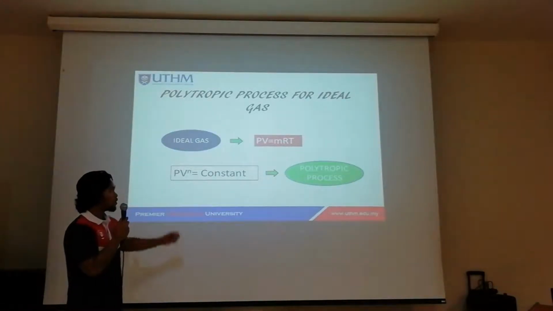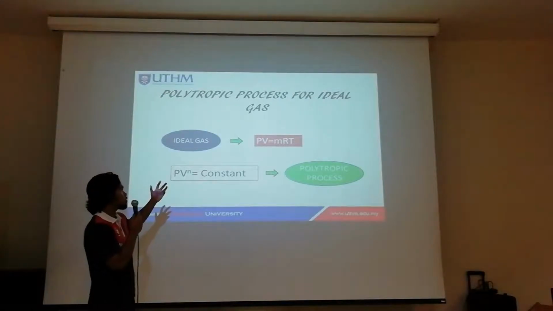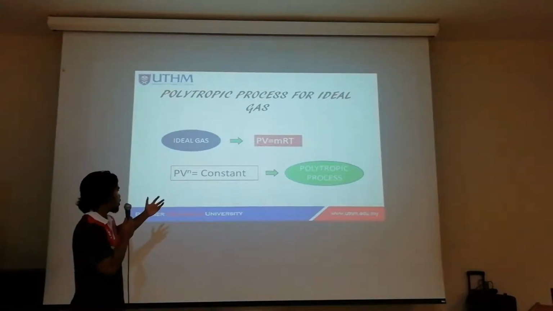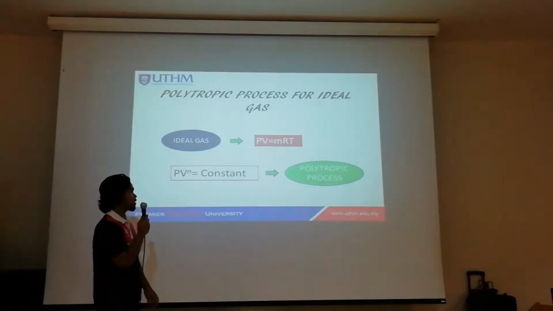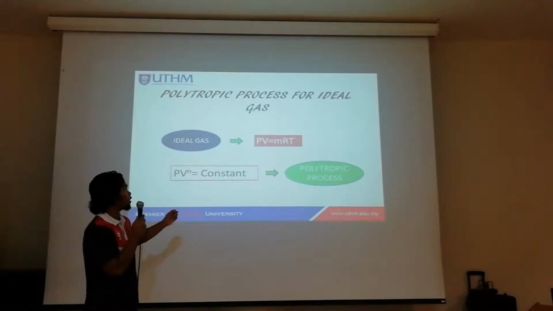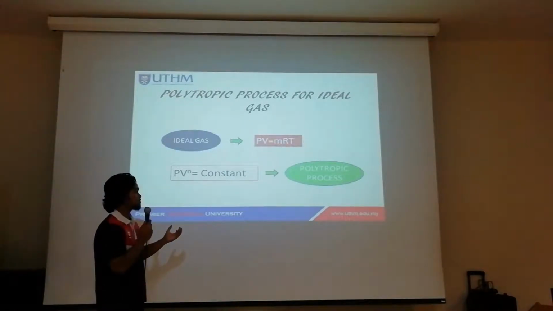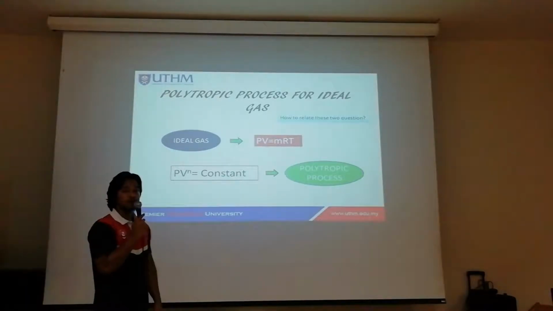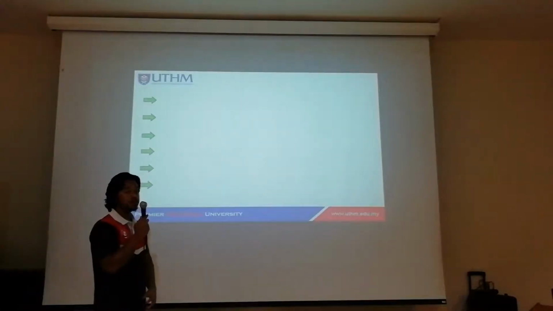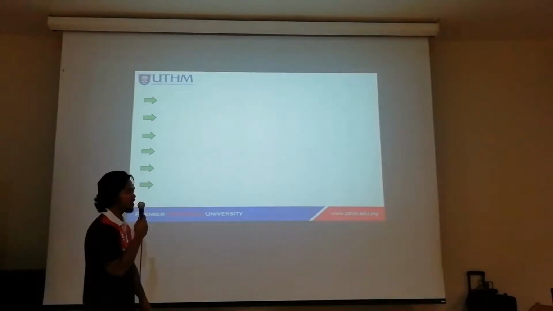So how do we relate these two equations, which is PV equal to mRT with PV^n equal to C? How do we relate the polytropic process for an ideal gas? Do you guys have any idea how to do this? Fine, I'll show it to you guys.